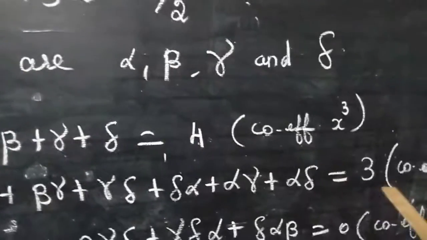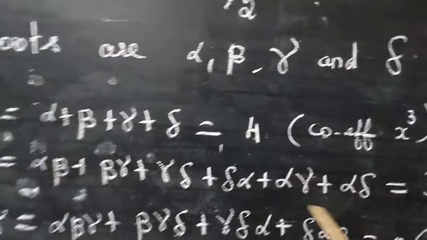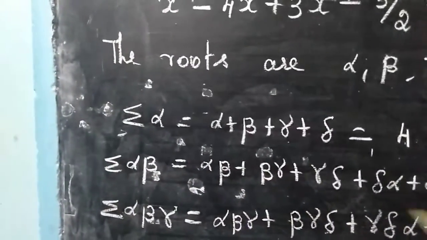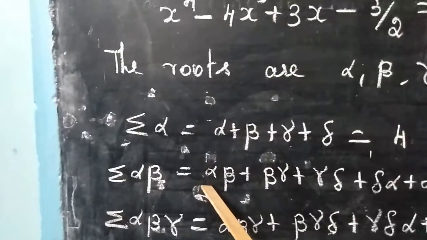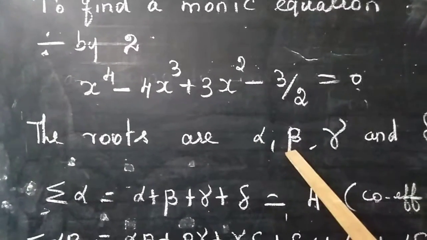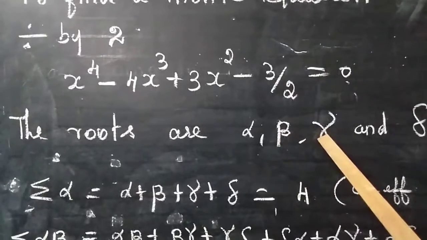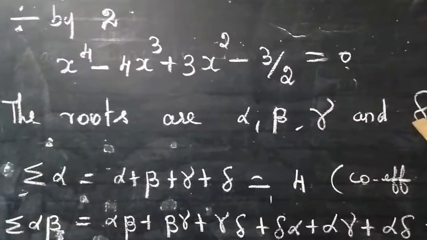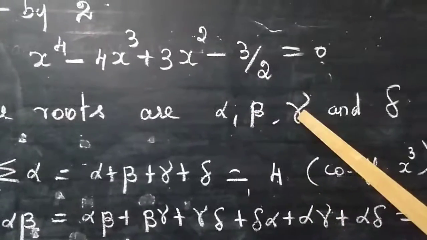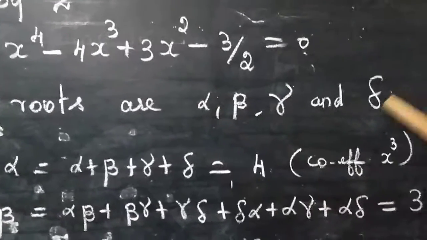We are taking it as it is. Here you may have little confusion about how we have to find the multiplication terms. Just we can follow this way: alpha beta, beta gamma, gamma delta, delta alpha, then alpha gamma, then alpha delta.